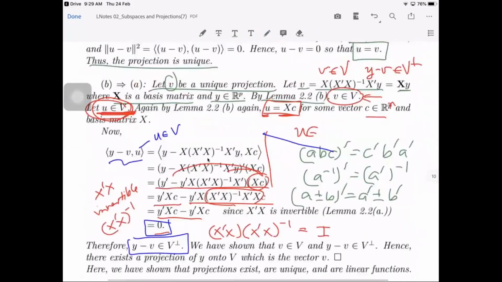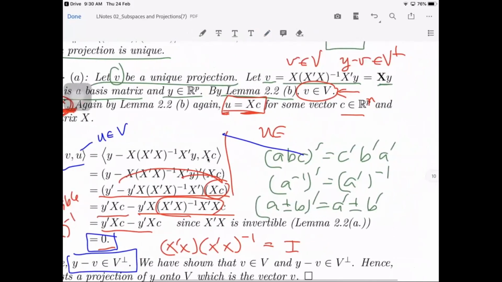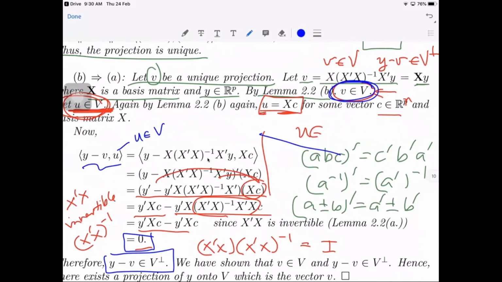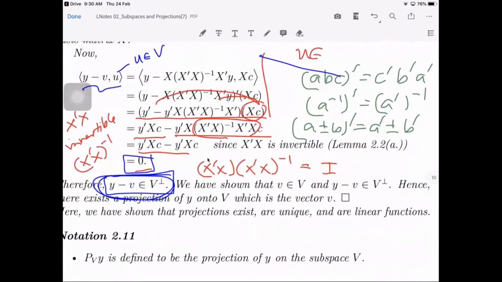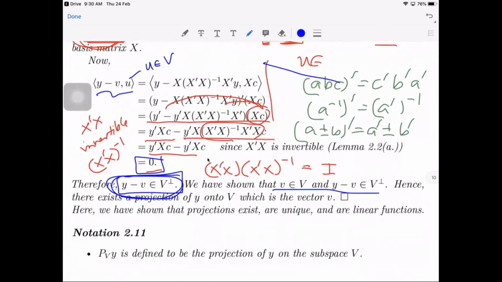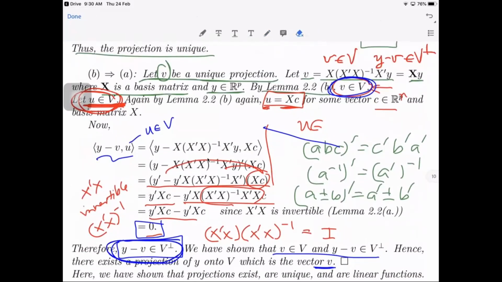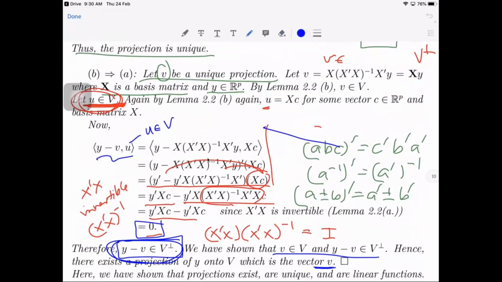Primero nimong ipakita B is in B. Ang ikaduha B Y minus B in B perp. So since we have shown these two, hence there exists a projection of Y onto V, which is the vector V defined as x prime x inverse x prime y.